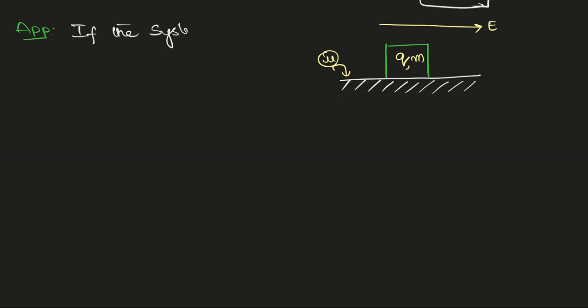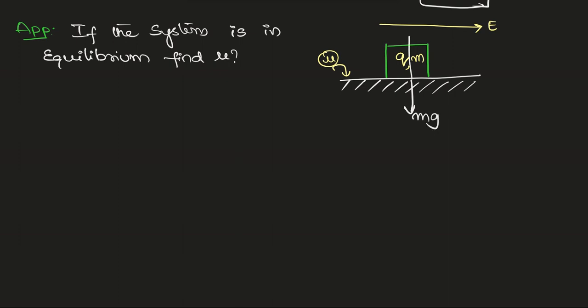If the system is in equilibrium, find mu. So we can say like this, that frictional force, as weight acts in downward direction and normal reaction will act in upward direction.